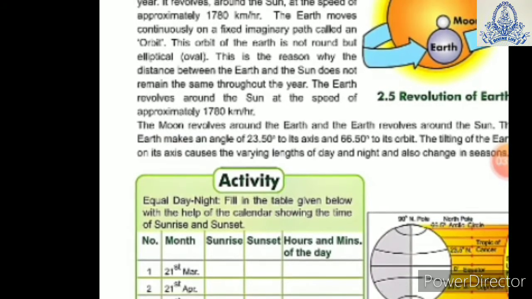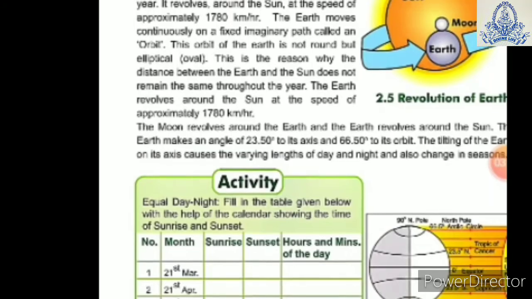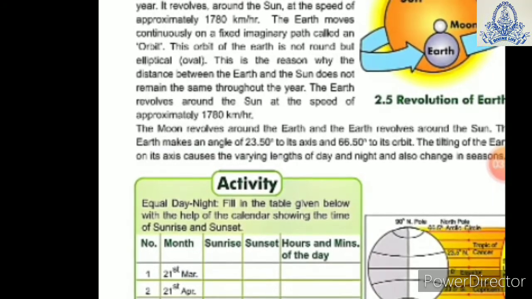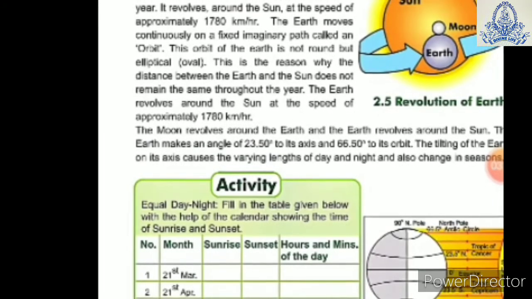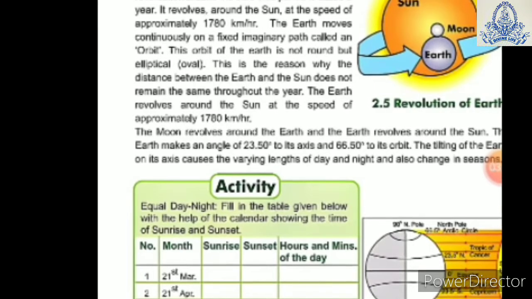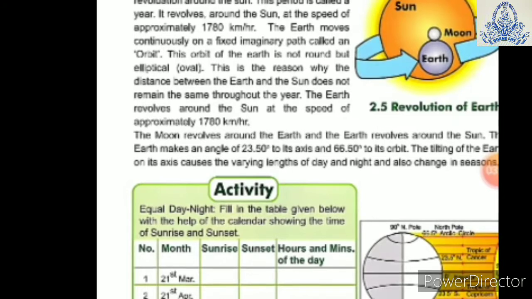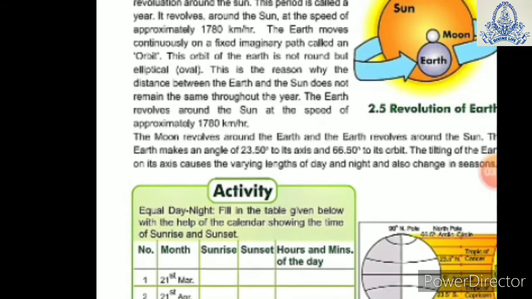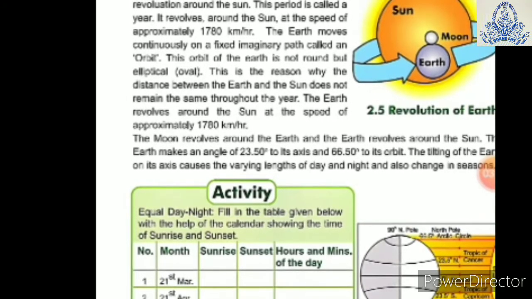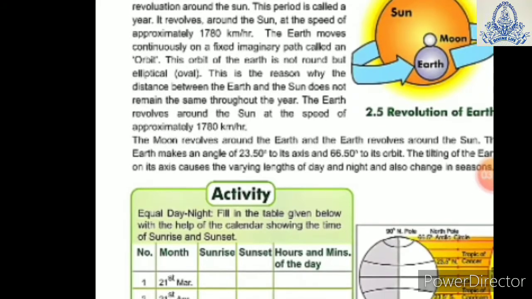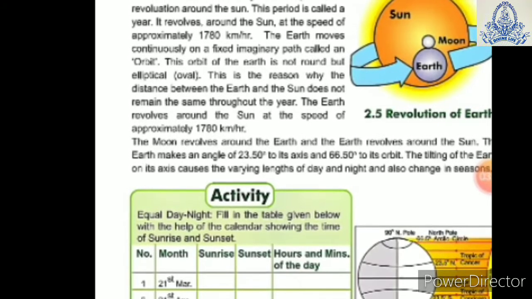When the sun shines directly on the equator, the northern hemisphere and southern hemisphere of earth receive equal sunlight. That is known as equal day and night.